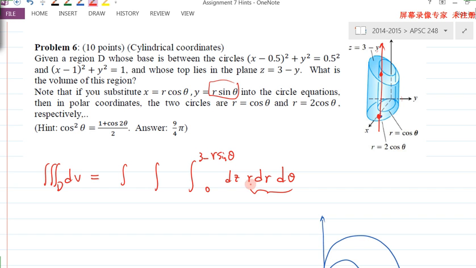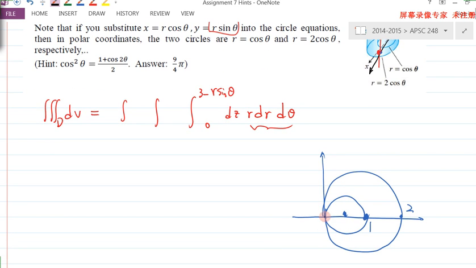Now the r limits is the tricky one. Finding the r limits basically means we're going to draw radial lines, starting from the origin across this shadow. So looking here, starting from the origin, this is x, this is y, draw one across this shadow. The first contact gives you r min, the second contact gives you r max.